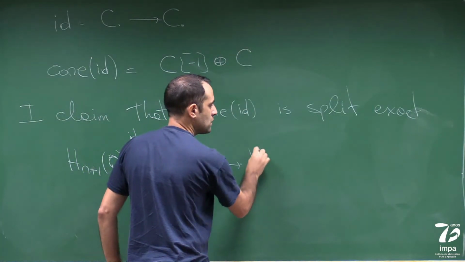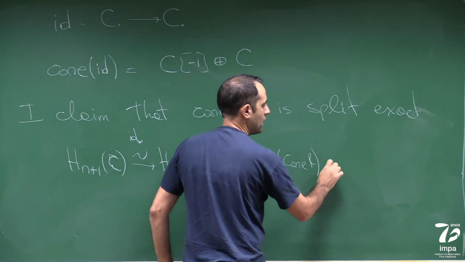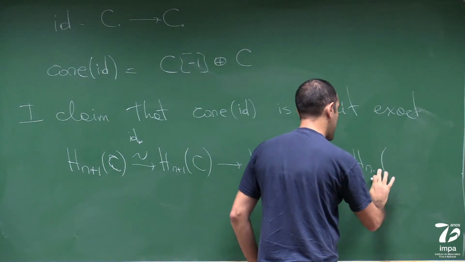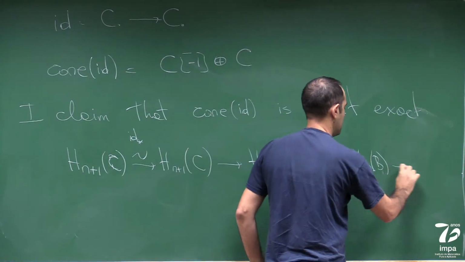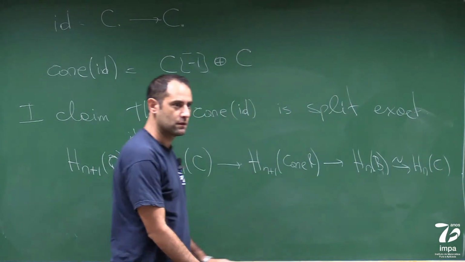And this goes to H_{n+1} of the cone of F. And this goes to H_n of B to H_n of C. And again, these are isomorphic because that's the identity.